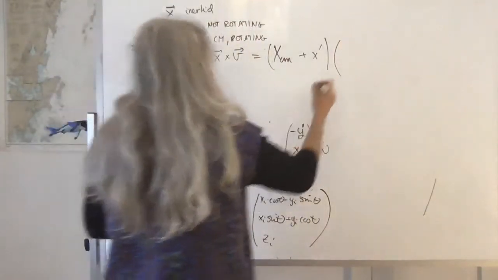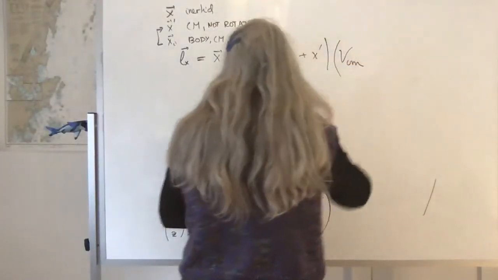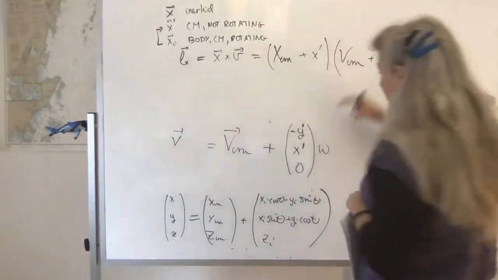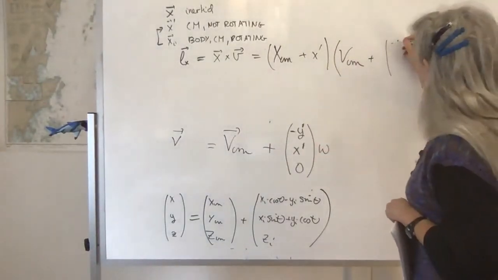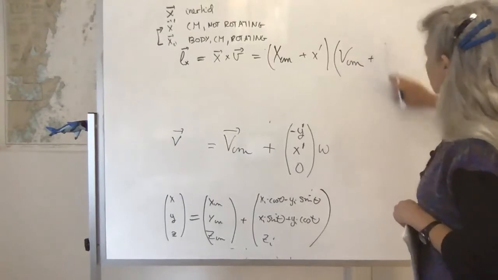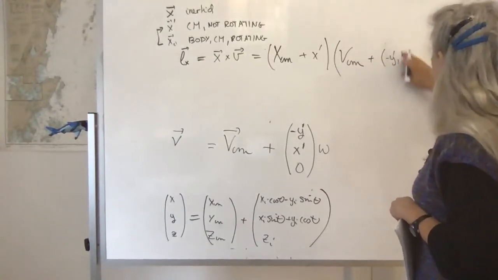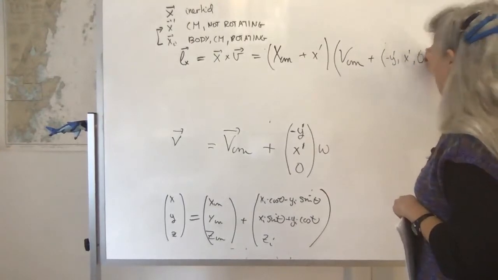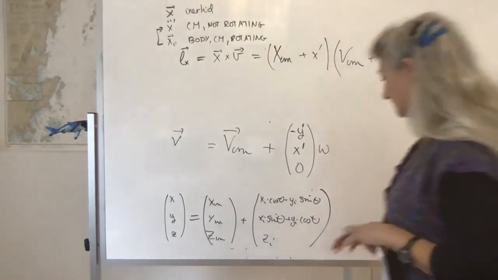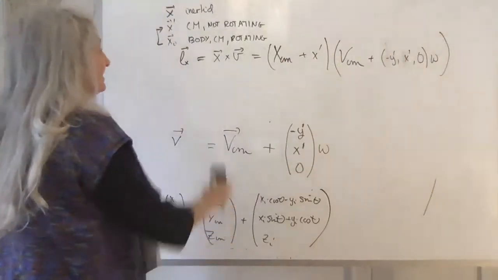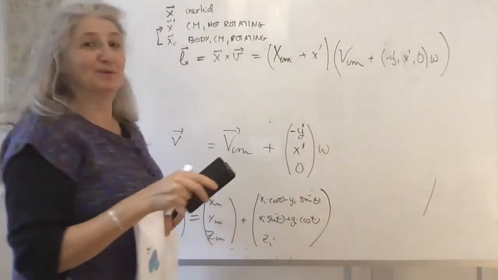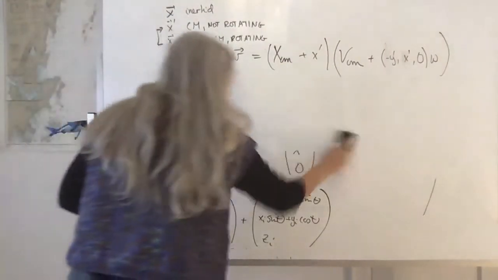Now we have v center of mass plus this thing, minus y prime, x prime, 0, times omega. That is equal to the angular momentum per unit mass at a particular coordinate.